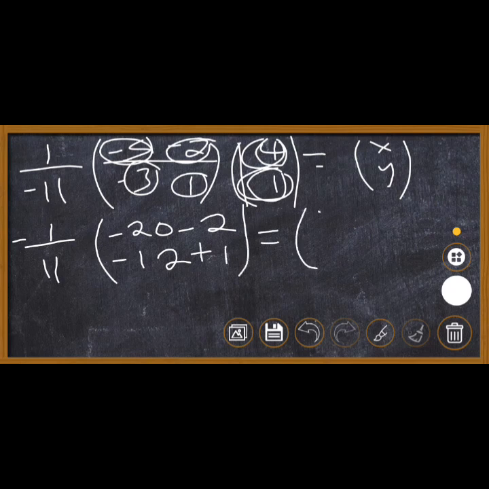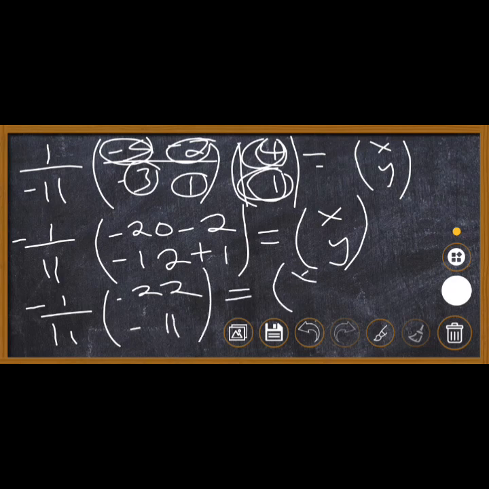Go to the values of X and Y. So in this case, it's going to be negative 1 over 11 here. Let's simplify this. So what is negative 20? We subtract 2, we are going to have negative 22. And then negative 12 plus 1 is negative 11. Okay, so this is going to be equal to xy because those are the values that we are finding.